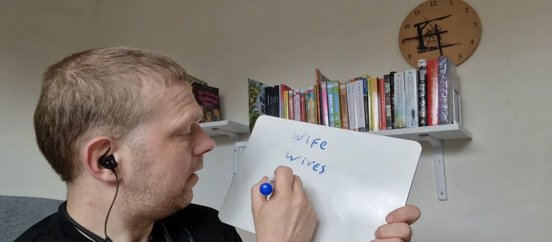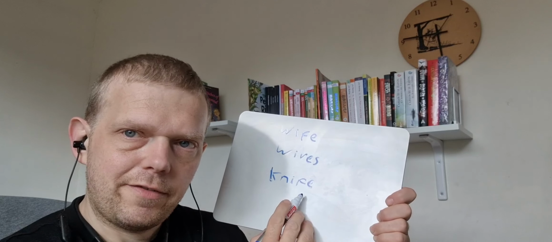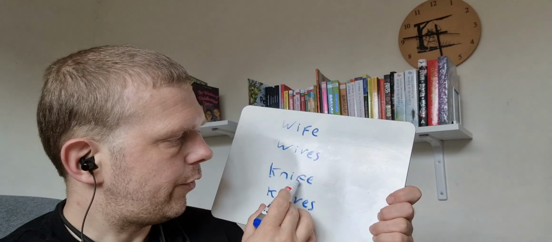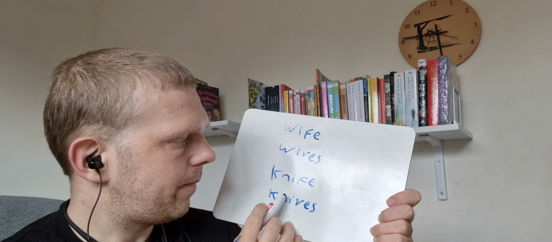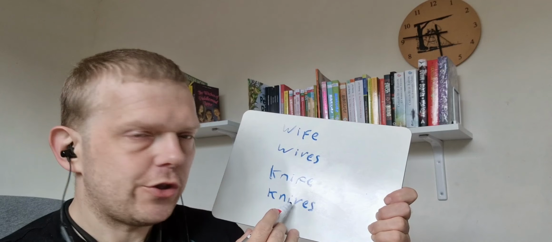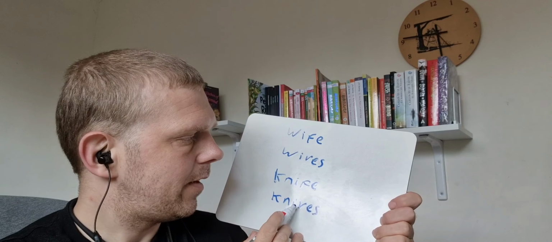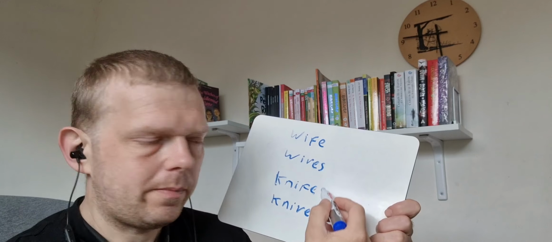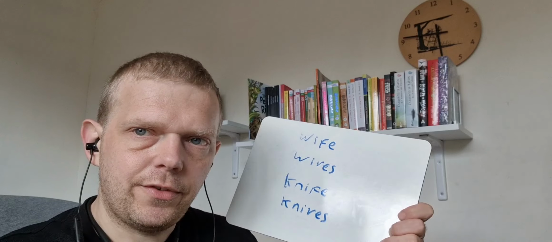And knife would be, in the plural, knives. So the F-E, the F changes to a V, and then you keep the E and add an S. Wife, wives, knife, knives.